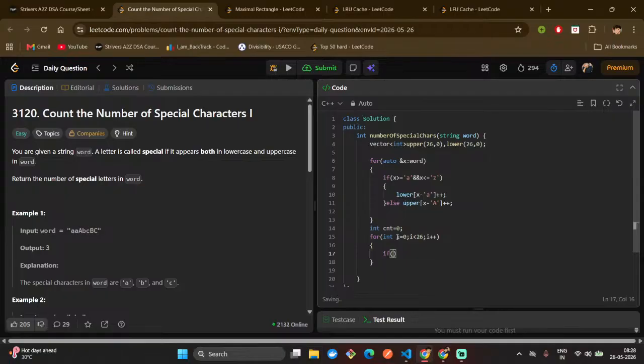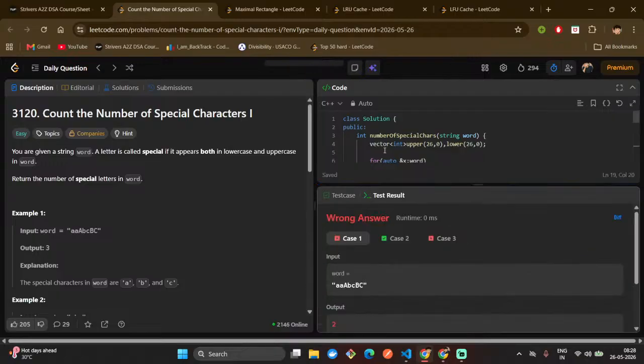If upper[i] is greater than 0 and lower[i] is greater than 0, then count++. Now just return the count. This much I think can pass.